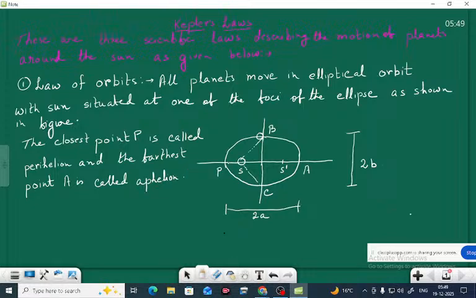This A is farthest from the Sun and is known as aphelion.